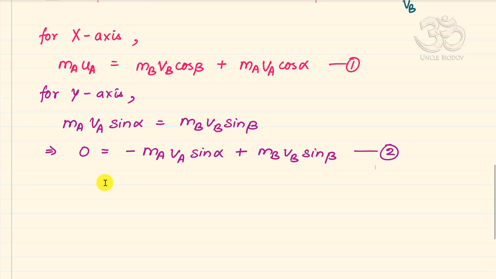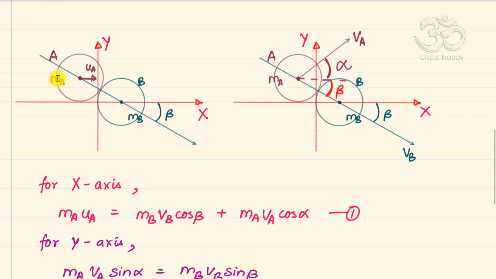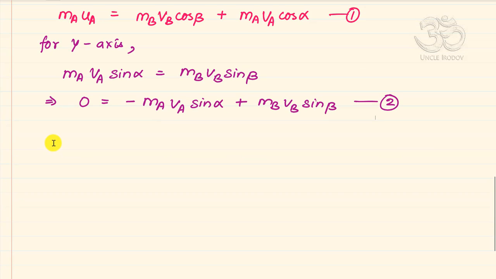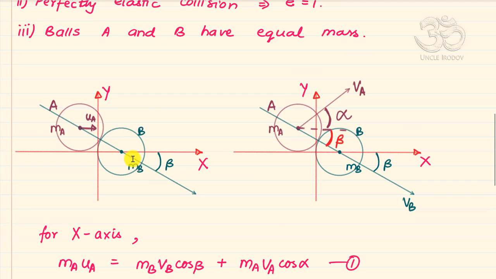And I can have a third equation also, that's for the coefficient of restitution. That should be used only for the normal axis. So let us also write the equation for e along the normal axis. What is that equation? Along the normal axis, the speed of separation is, so I should go to this final figure, what happens exactly after the collision.